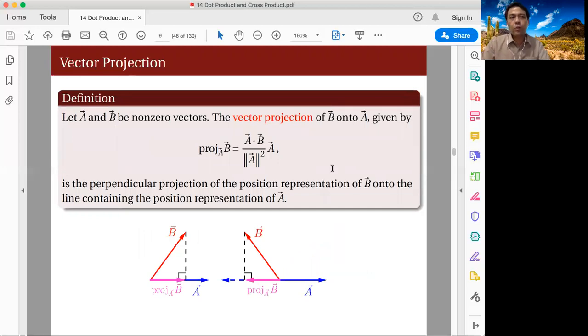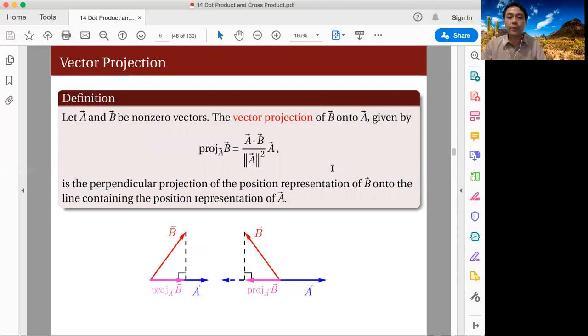Now let us go to something that we frequently notice when we have an object and a light is cast on the object. You shine a light on the object, and then the object will cast a shadow. So usually we say that that shadow is a projection of the object.